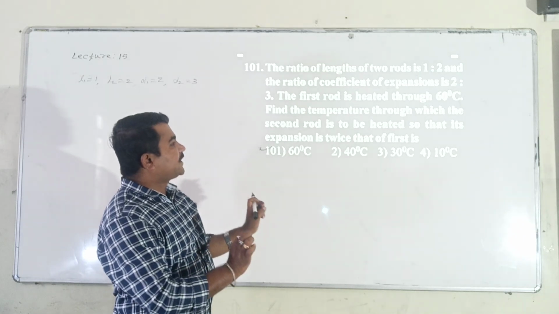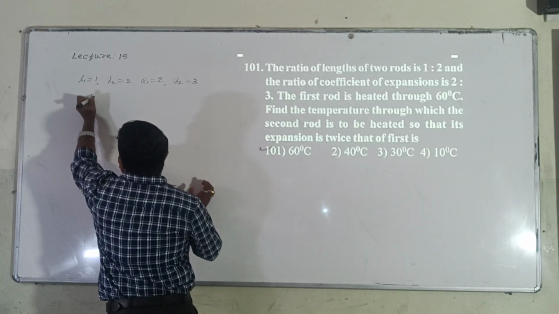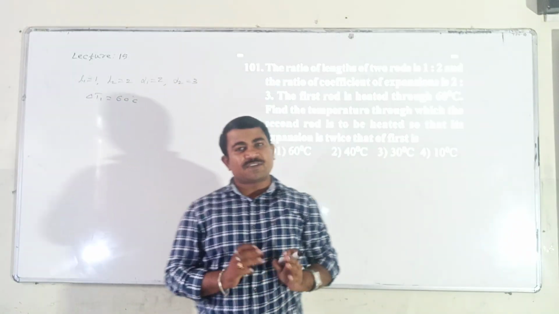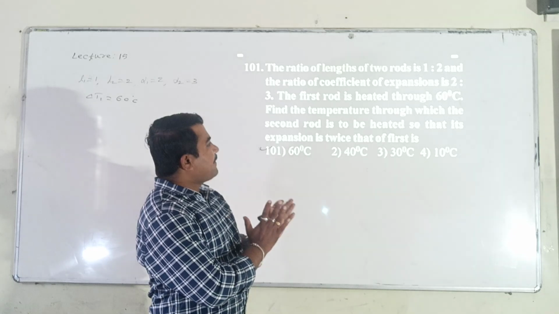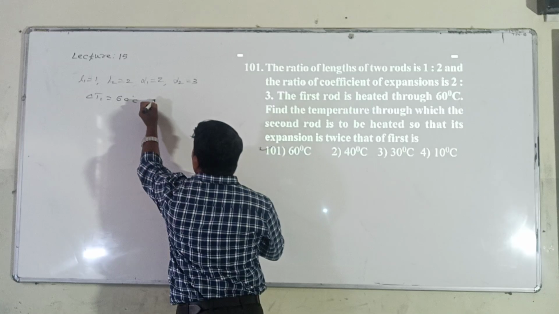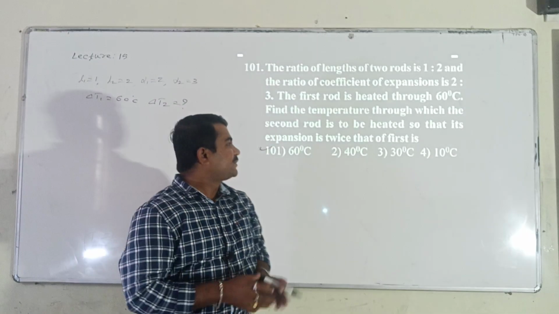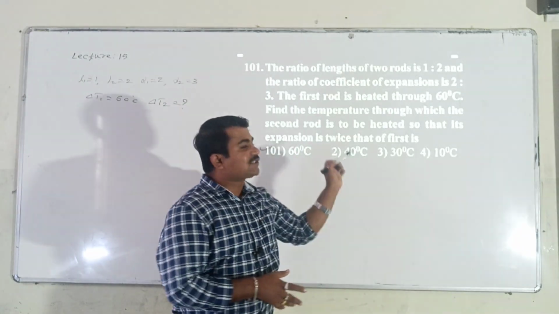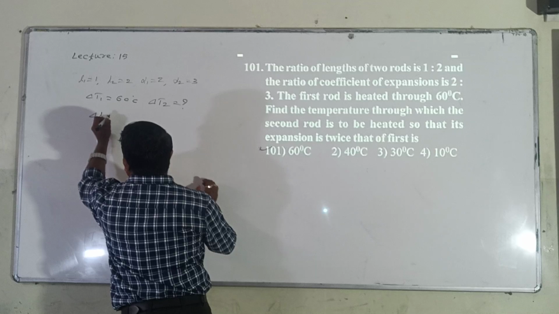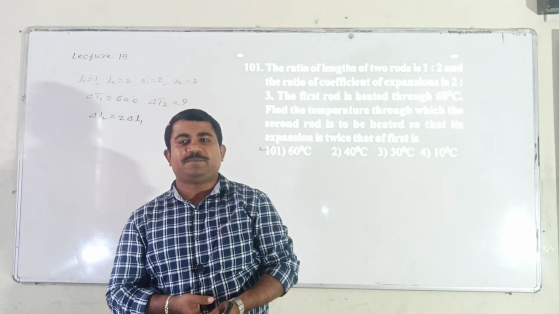The first rod is heated through 60 degrees Celsius, so delta T1 is 60. We need the temperature through which the second rod is heated so that its expansion, del L2, is twice that of the first.